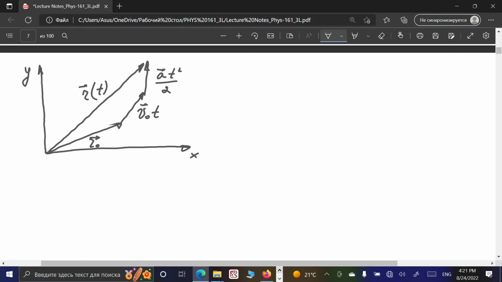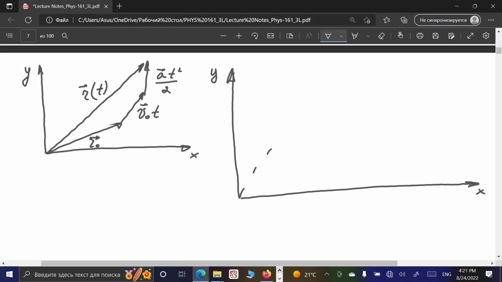So maybe let us consider this process in more detail. This will be x, y. Here will be some projectile trajectory. And it starts from point 0, so it's from the origin of the system of coordinates.